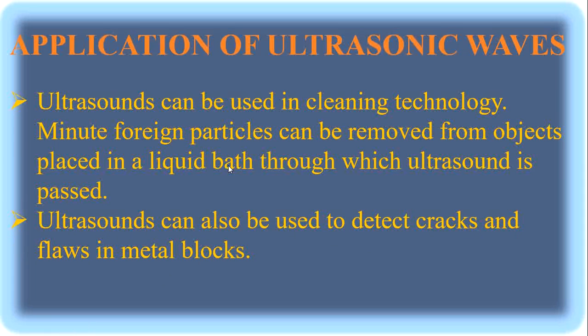Ultrasound can also be used to detect cracks and flaws in metal blocks. How is it used? The ultrasonic waves are allowed to pass through metal blocks, and detectors are used to detect the transmitted waves.